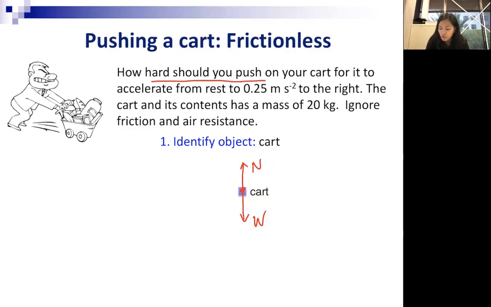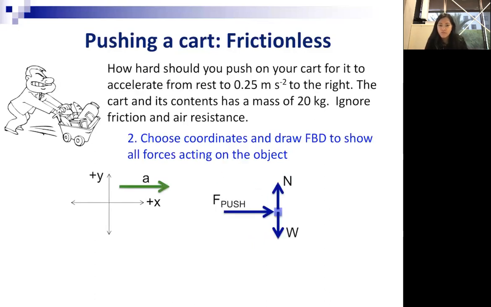So there should be a push force to the right. And you can just label that as F push. Right? So here's a neater drawing of the free body diagram that we just did. And we identified now the acceleration is to the right. Your cart wants to move to the right. So we identify to the right is positive, upwards is negative.